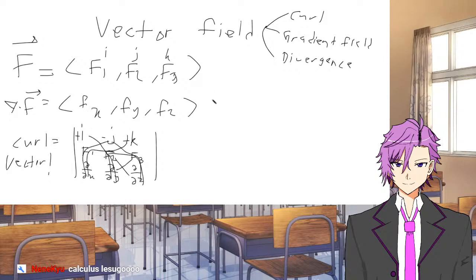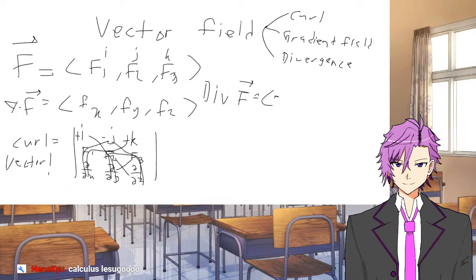Because there's another term called the divergence, or simply put div, the divergence of f. So divergence of f is actually the dot product.